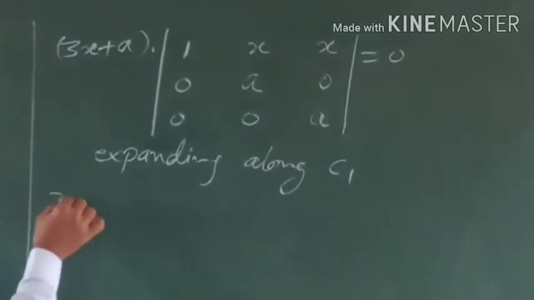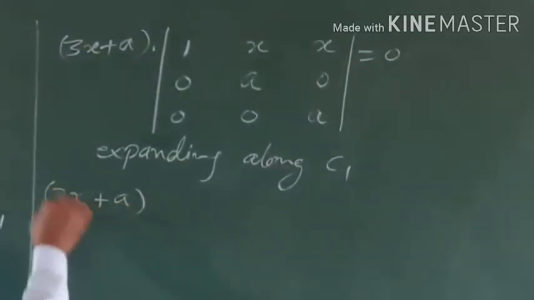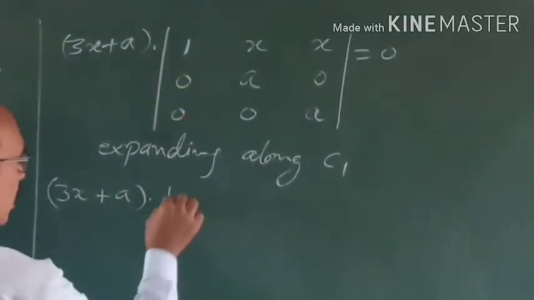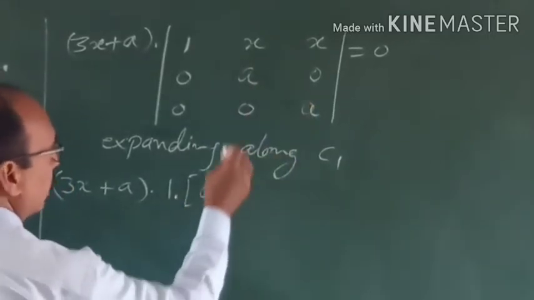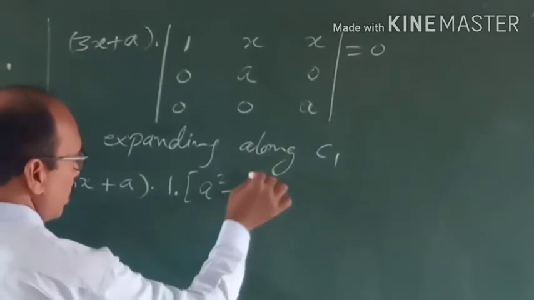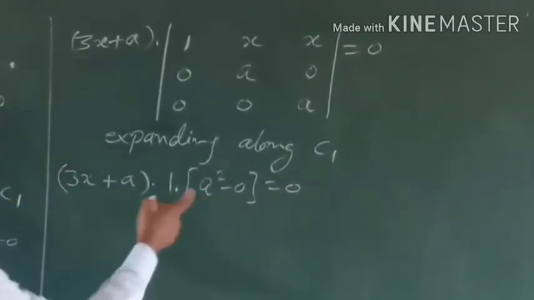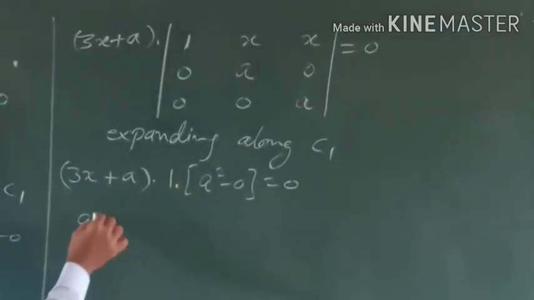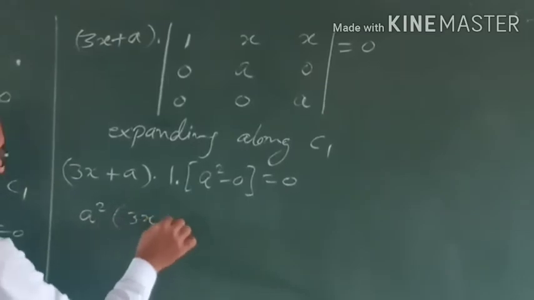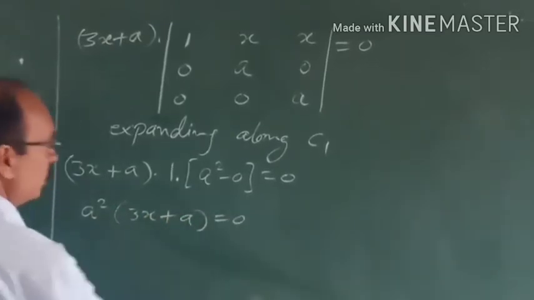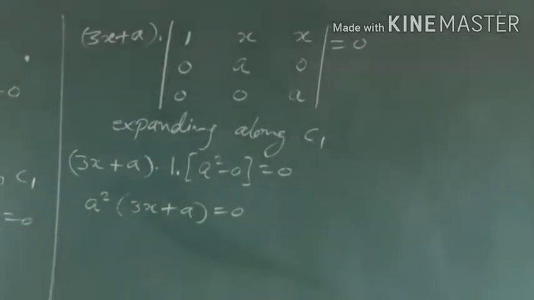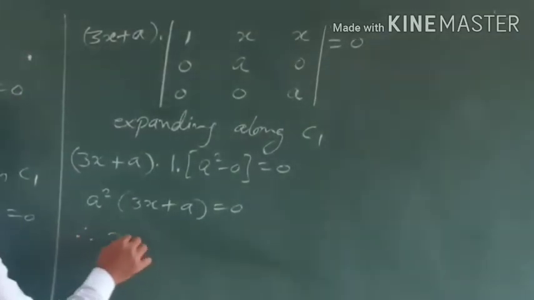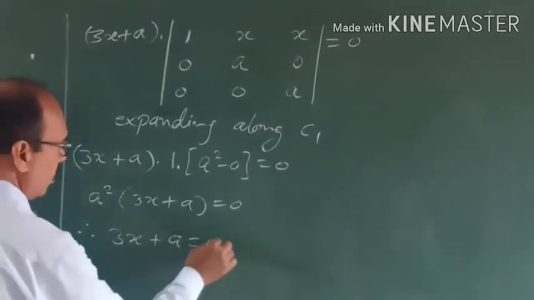So 3x plus a still as it is, into 1 times a into a, that is a squared, and 0 into 0, that is 0. Only a squared remaining. a squared into 3x plus a equals 0. Since it is given that a is not equal to 0, only 3x plus a equals 0.